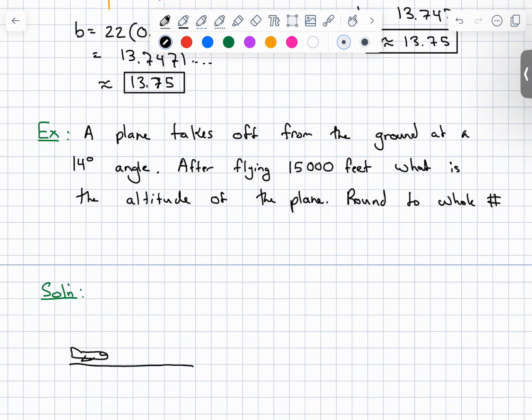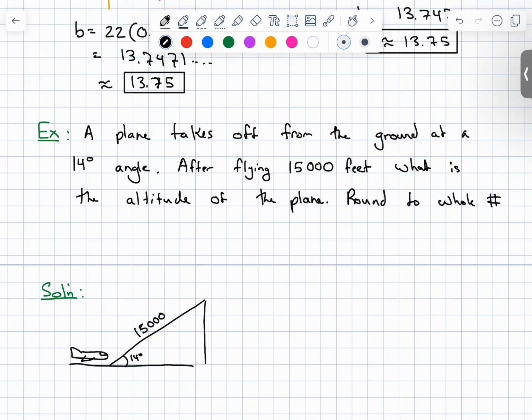And it's taking off from the ground at a 14-degree angle, and it's traveling 15,000 feet. So it travels 15,000 feet right here. And we want to know its altitude.